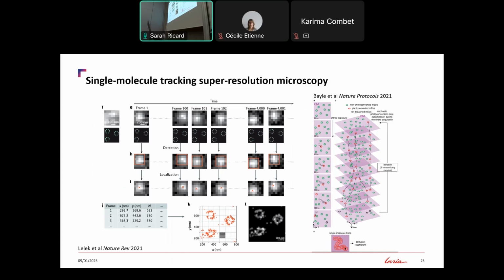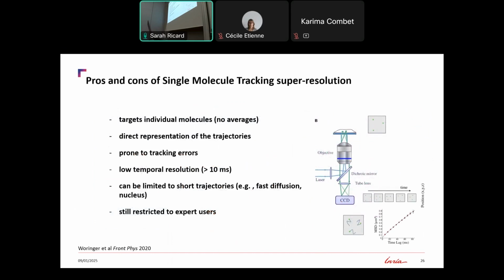So this protein that was here at 60 milliseconds was this one at 40 milliseconds. So you just do tracking like you do in any video microscopy when you track position between two time frames. And that's how you reconstruct single molecule trajectories. And again, this changed everything around 2010 or so. So that's single molecule tracking super resolution.